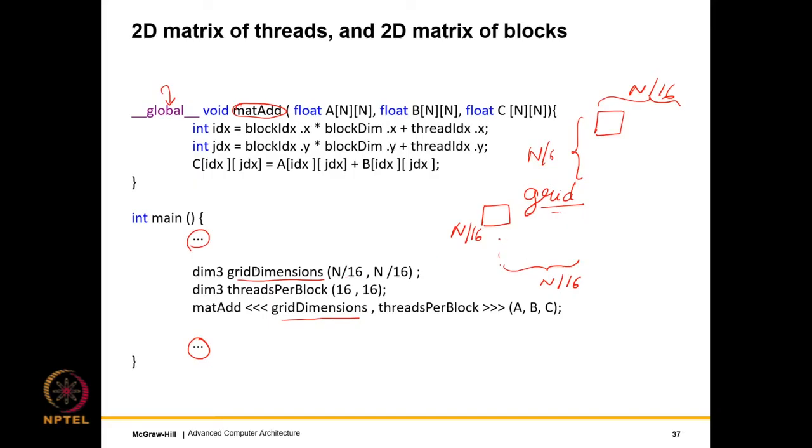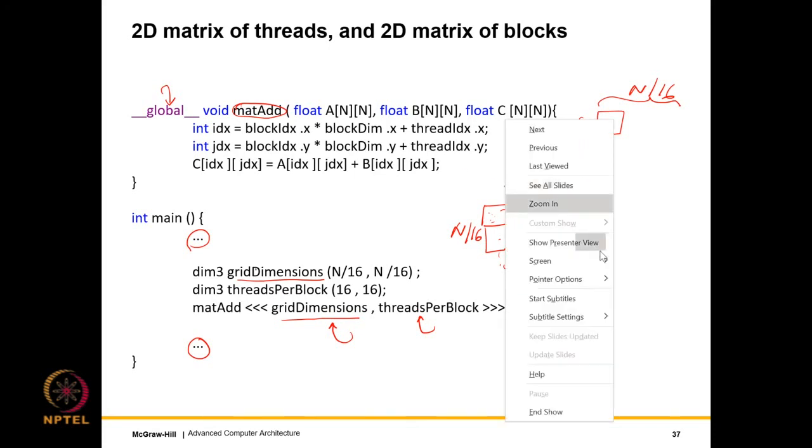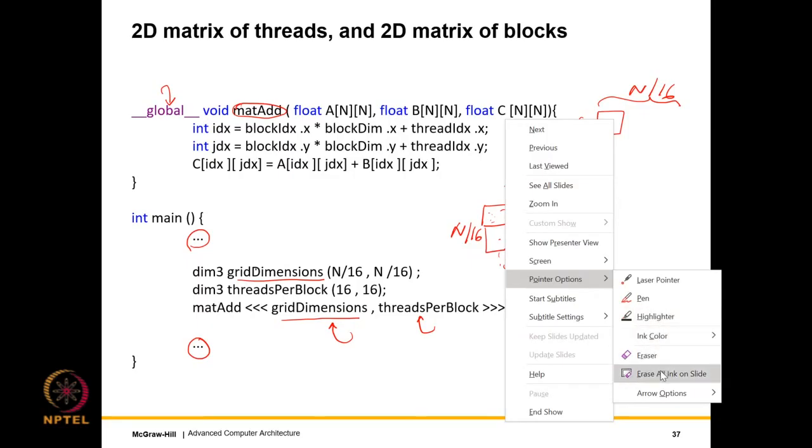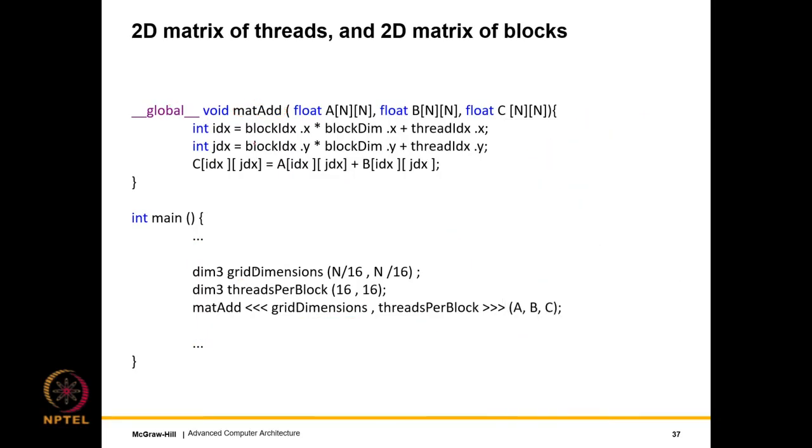We have arranged them first as separate tiles, think of them as separate thread blocks within a grid. And within each thread block, of course, they are arranged in a square fashion. So with this, we give two dim3 data structures, no defaults over here, and the three arrays A, B, and C. It is interesting to see how this information is processed within the mat_add kernel.